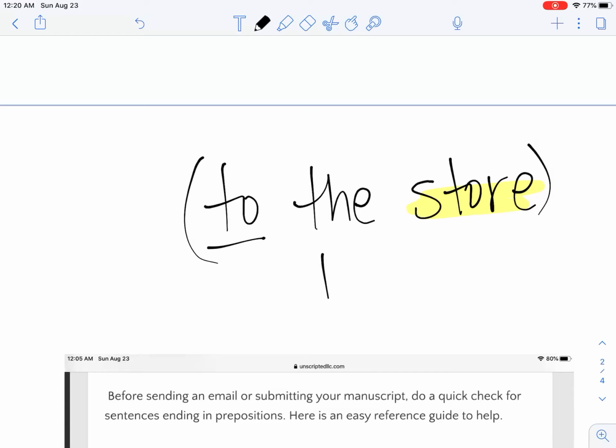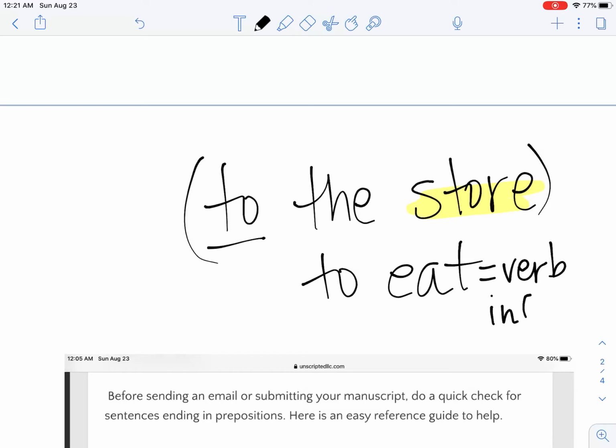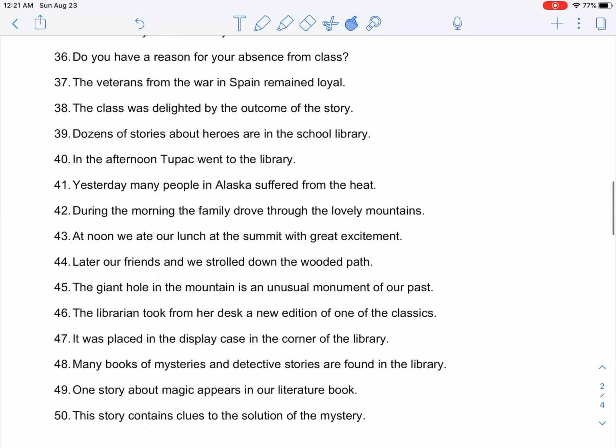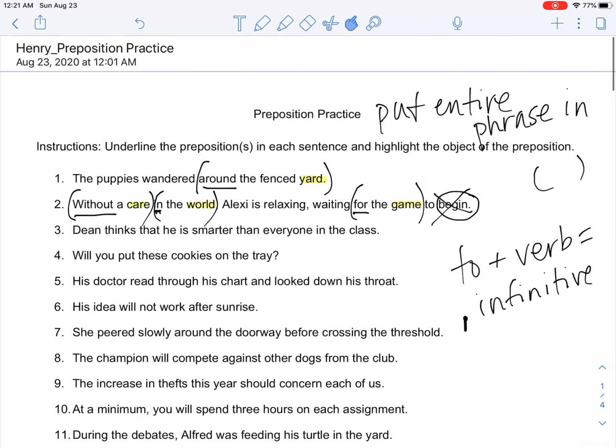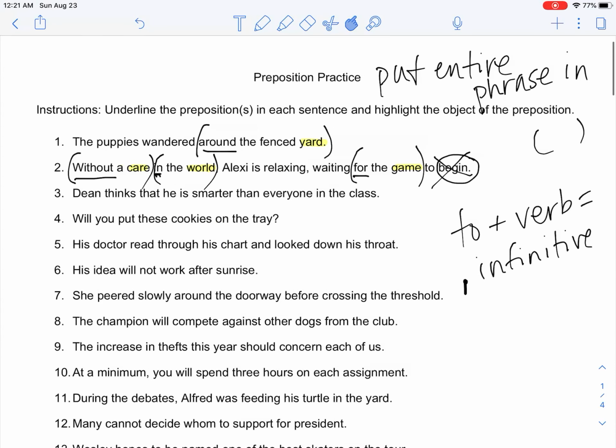But if I said I'm going to go to the store to eat, to, in this case, is not starting a prepositional phrase because eat is a verb. That's just an infinitive. So you have to be careful. To is the only preposition that pulls double duty like that. So just be aware whenever you see to, you need to find out if after it is a verb or a noun, because objects of the preposition are always a noun.